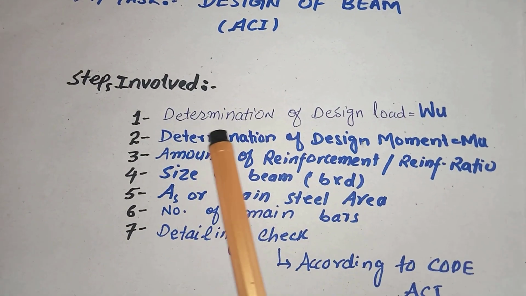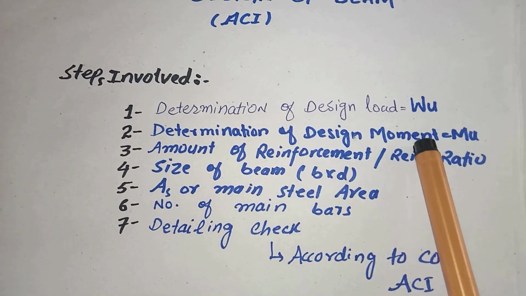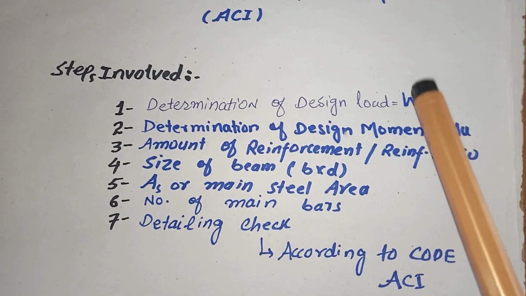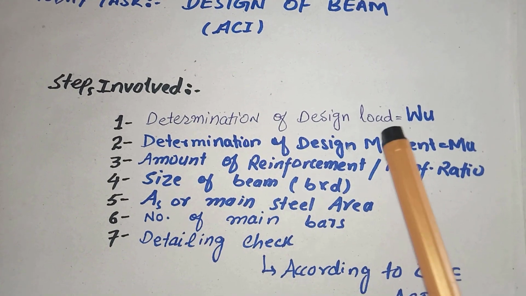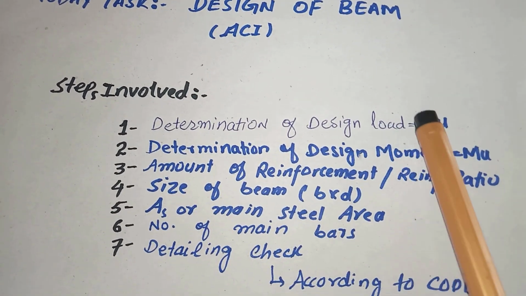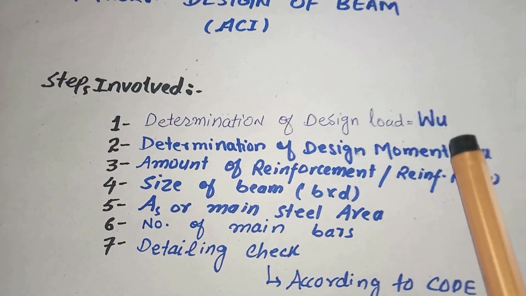The next step is determination of design moment on the basis of this design load. For a simply supported beam, we know the maximum moment is WL square by 8.